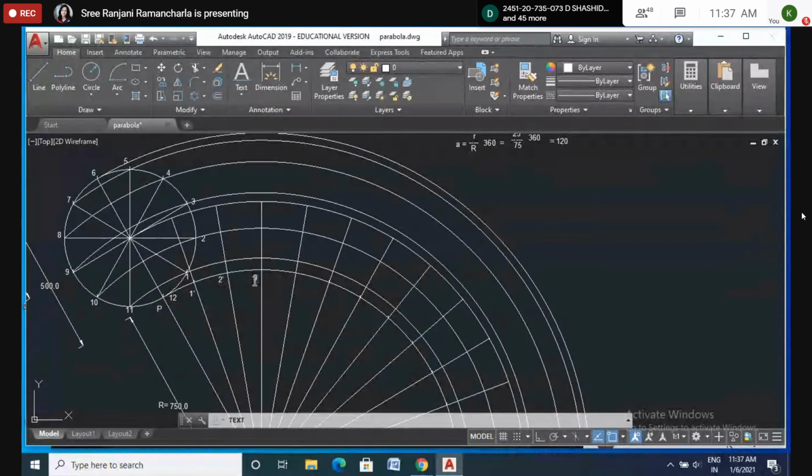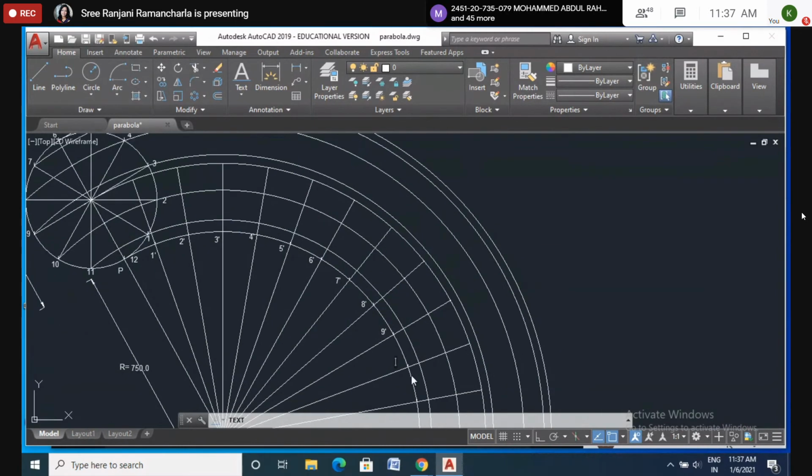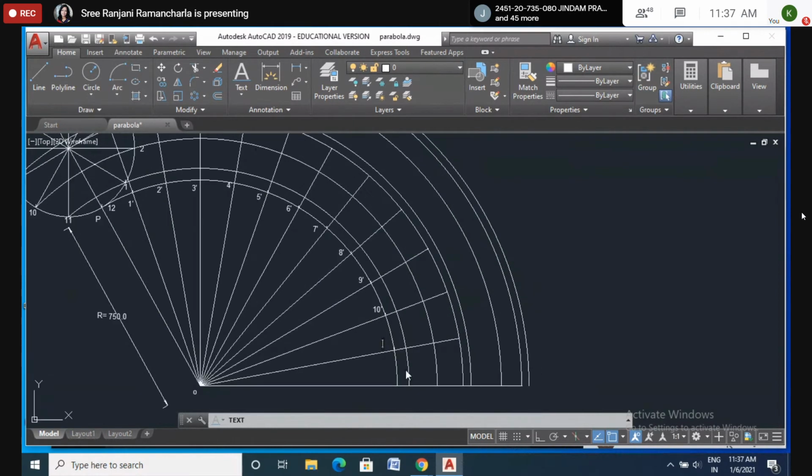3 dash, 4 dash, 5 dash, 6 dash, 7 dash, 8 dash, 9 dash, 10 dash, 11 dash.